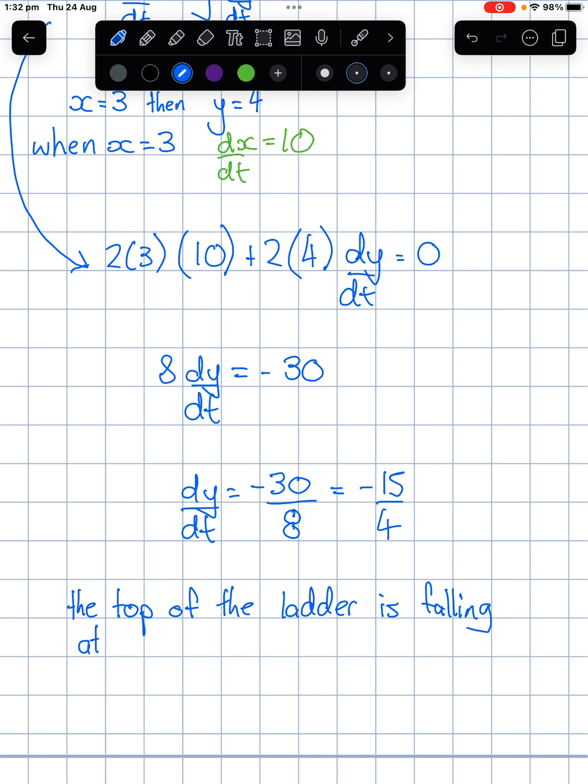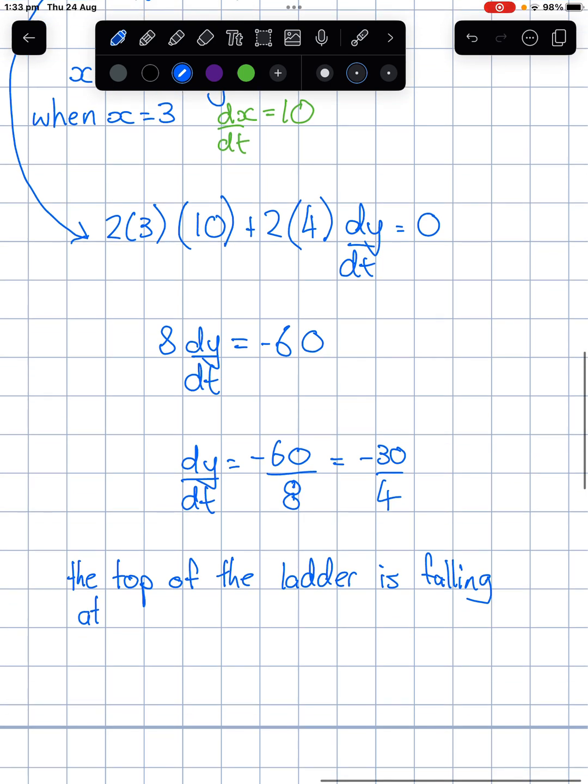Oh, this is meant to be 60. I've stuffed up with my multiplication. That should be 60, which then equates to negative 60 on 8, which is negative 30 on 4, which equals negative 7.5 meters per second, because they're the units we've used.